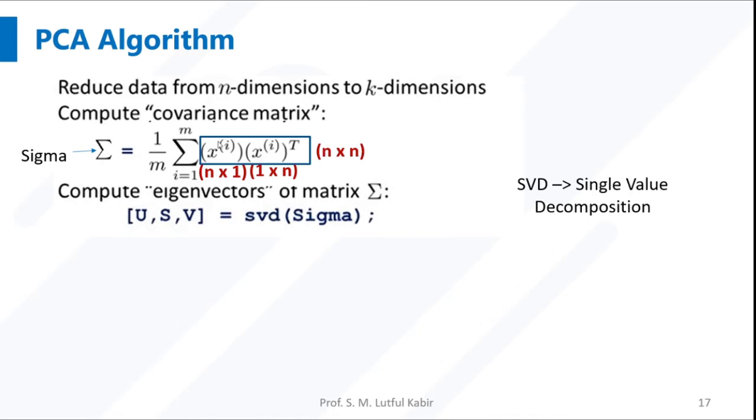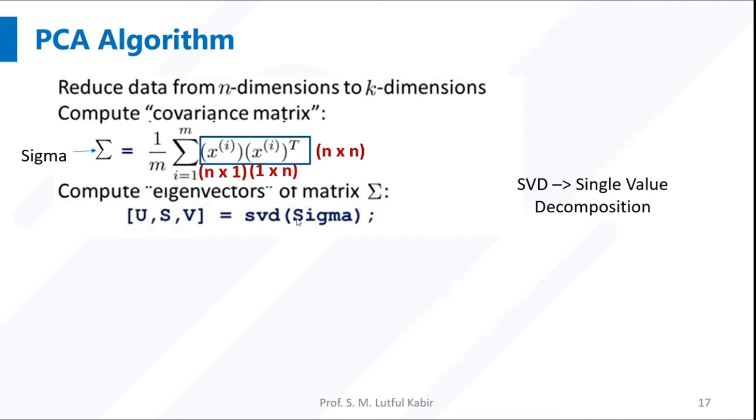So for i equal to 1, you will get one n by n matrix. For second i, you will have another n by n matrix, and so on. You will have m number of n by n matrices. If you sum them together, since they are all of equal dimension, you can sum element by element, and ultimately you will get a total n by n matrix, and you have to divide by m, or multiply it by 1 by m, to get the sigma.